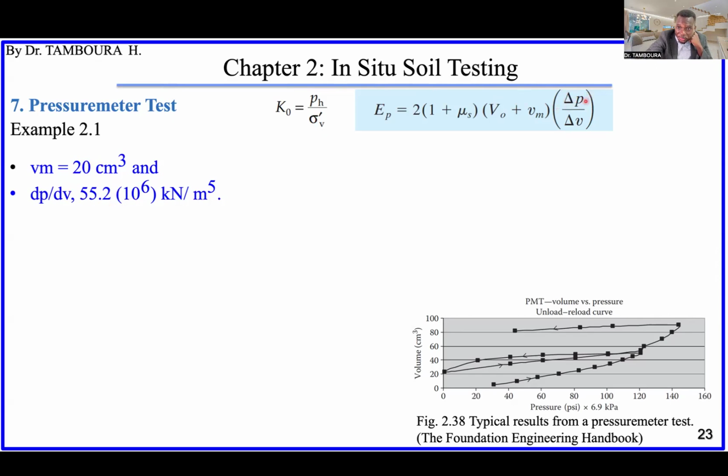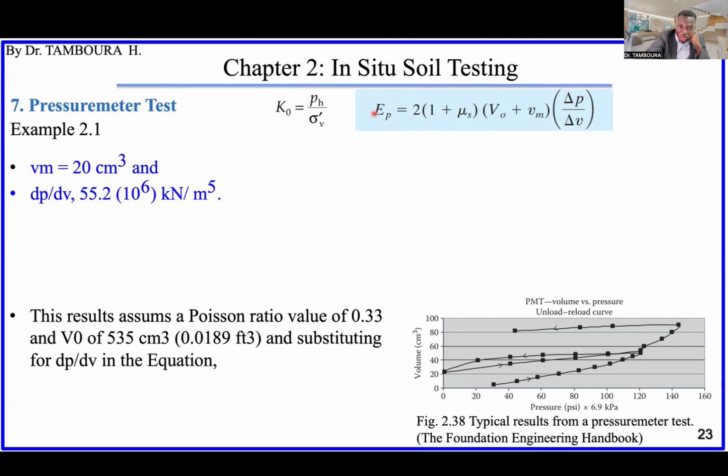So if we have this delta P divided by delta V, and we have VM, and we know this one already, it's 20, and this one we will consider it 0.33, then we can obtain this easily, right? So the result, we will consider this.